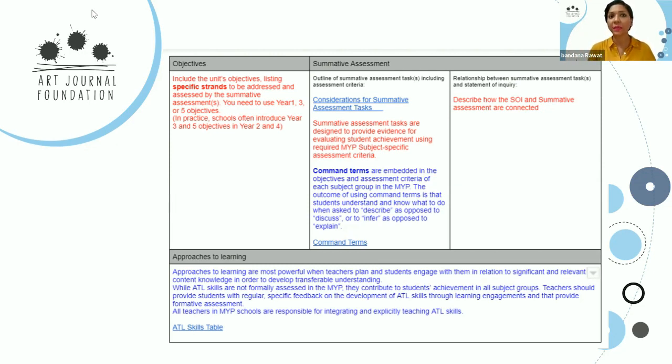And we have done something called objective mapping. So what we have done for us is, for example, we have all the criteria of arts on one side. And for each criteria, we've looked at ATL skills. For example, criteria A talks about investigation. Which ATL skill is best suited for that? Research skill or thinking skills?